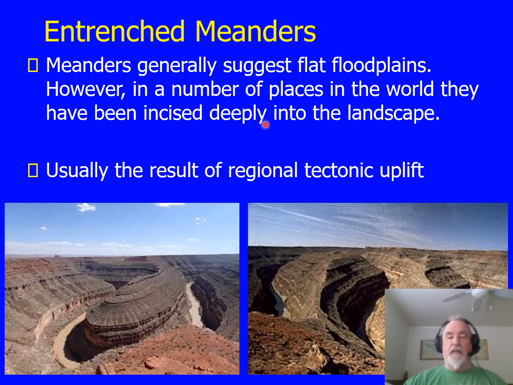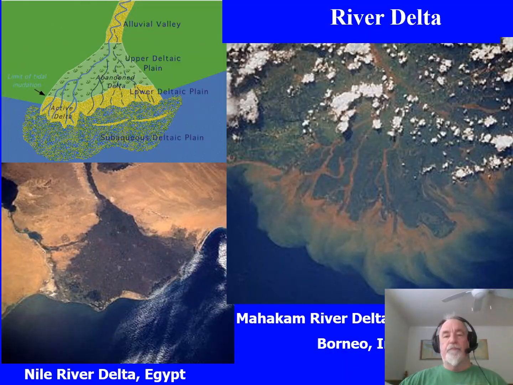And that's happened in the southwest states, out by Utah, Arizona, Colorado. We can see in the Canyonlands area these entrenched meanders because this whole area has been regionally uplifted through tectonic processes. It makes for a beautiful landscape, but it always requires a regional tectonic uplift for that to happen.